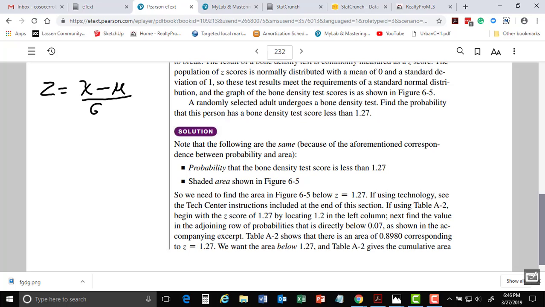So if we go to StatCrunch, here's StatCrunch.